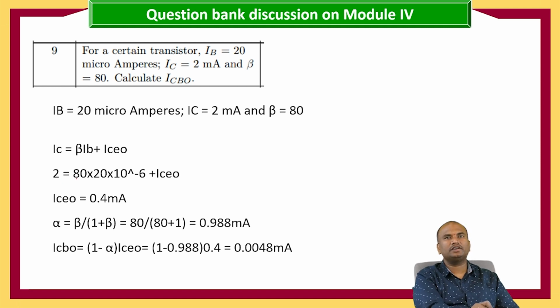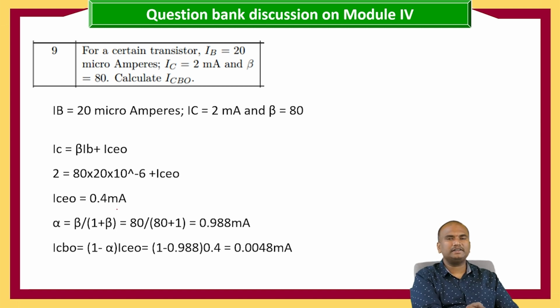So here 2 is equal to 80 into 20 into 10 to the power of minus 6, that is 20 microamperes. Beta into IB, that is 80 into 20 microamperes, plus ICE naught, where ICE naught is equal to 0.4 milliamperes.